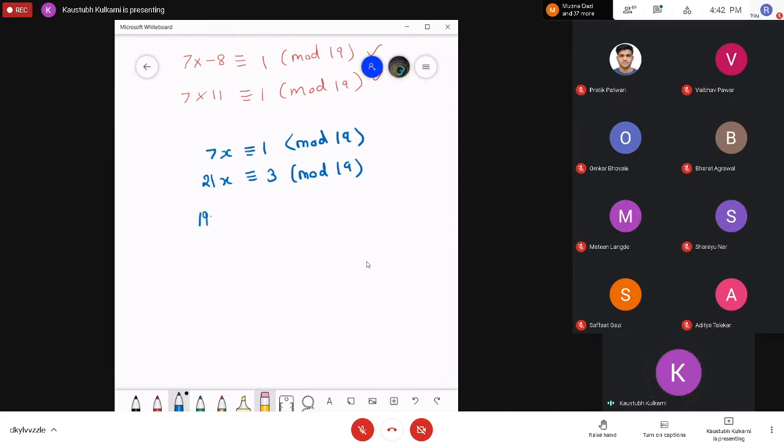It is 19x plus 2x, which is congruent to 3 mod 19. The 19x part will not leave any remainder, since it is divisible by 19. So this can be reduced to 2x is congruent to 3 mod 19.